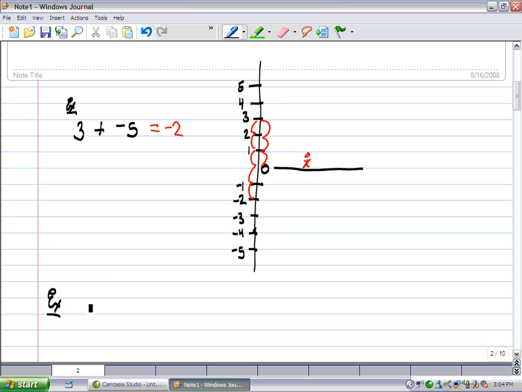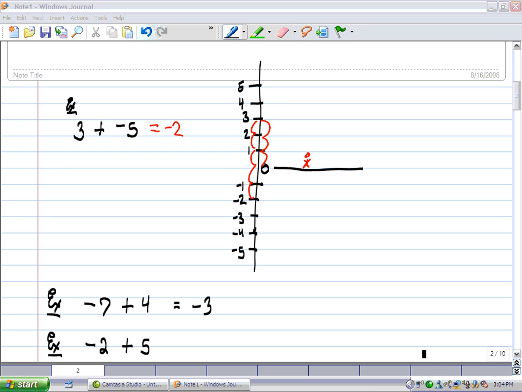So what if I had -7 plus 4? -7 plus 4, so I go down 7, but I only come 4 up, so I'm still down below the 0. -3. Doesn't matter which one is first or second, larger or the smaller, the negative or the positive.